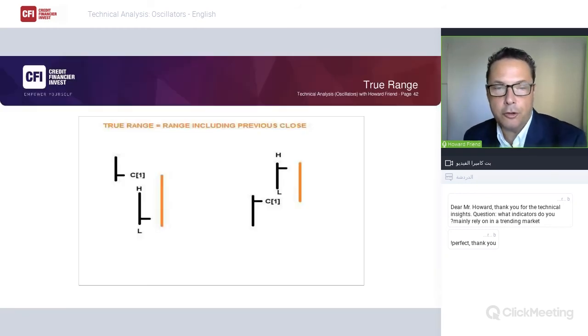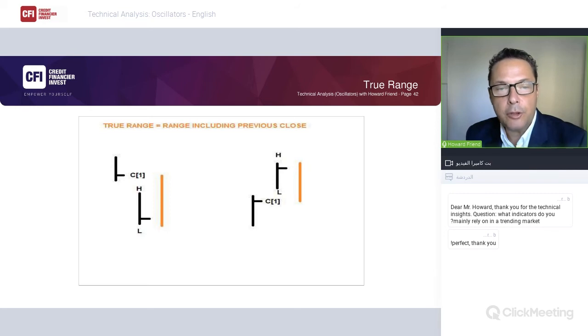So just to show you a graphical representation of the true range, what do I mean? In this case, let's assume these are daily bars. The range of yesterday is the high minus the low, but the true range, because the high of yesterday was below the low of the day before it, there's a difference between this bar and the previous day.